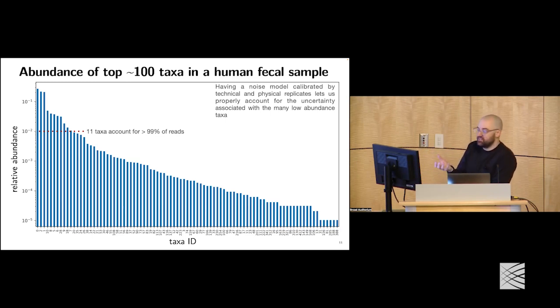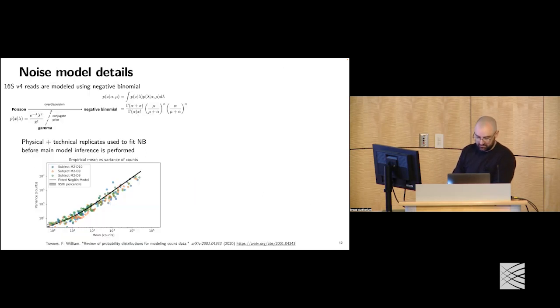All of these other bugs that we might be interested in are in this mid to low abundance regime within the top 100 bugs, and they have a smaller fraction of reads apportioned to them. That's why we think it's really important to have a noise model, because the bugs that you care about inherently have more noise in these types of models.